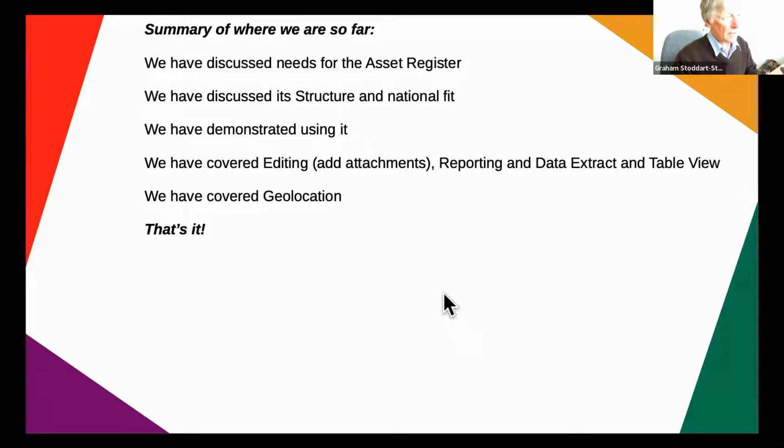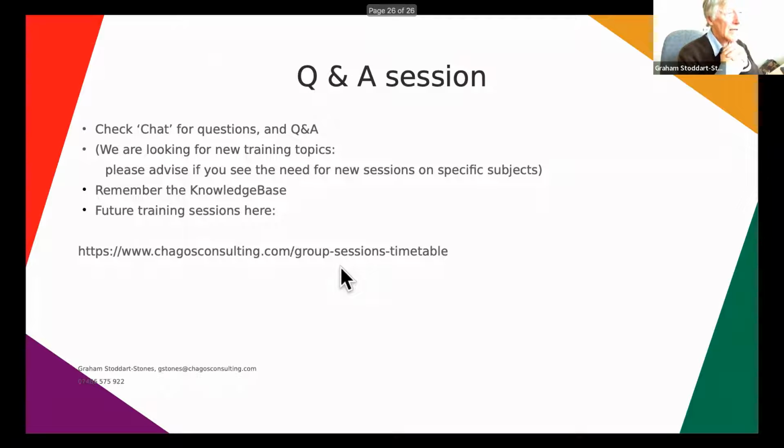You created a record for the geolocation, and hopefully that's worked for people, although I did say that there's a major caveat on that. Sometimes it works, sometimes it doesn't. It depends on your signal, it depends on your phone, it depends on a lot of stuff. But I just wanted to introduce you to the idea of geolocation because it can be very useful and a time saver. So that's it for the asset register. We now get to the Q&A session.